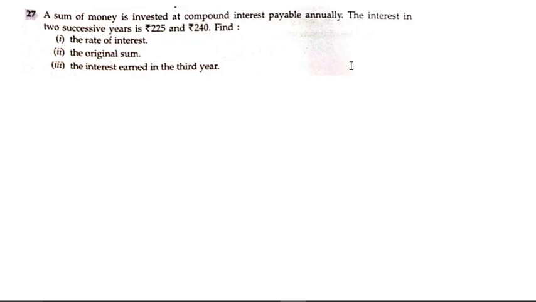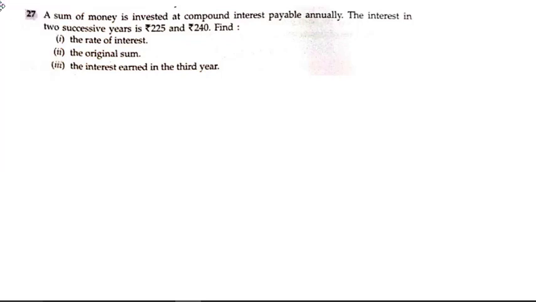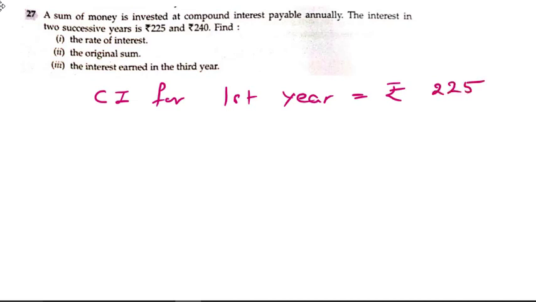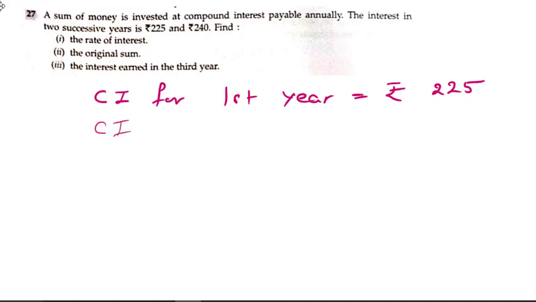So here, compound interest for first year is rupees 225, and compound interest for second year is rupees 240.